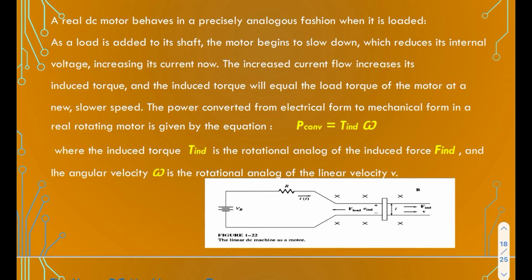Now, the increased current flow increases its induced torque, and the induced torque will equal the load torque of the motor at a slower speed. The power converted from electrical form to mechanical form in a real rotating motor is given by this equation: P equal torque induced multiply angular speed.